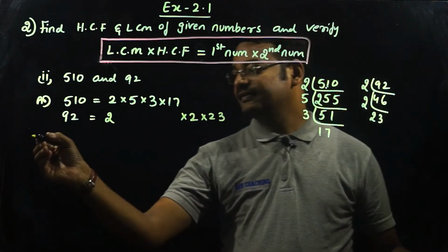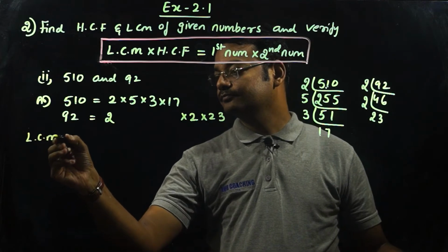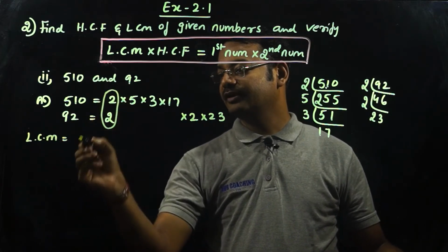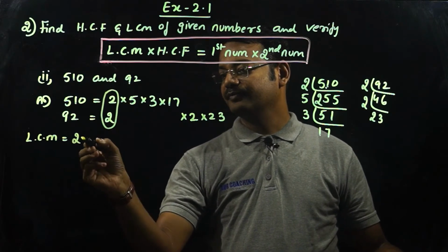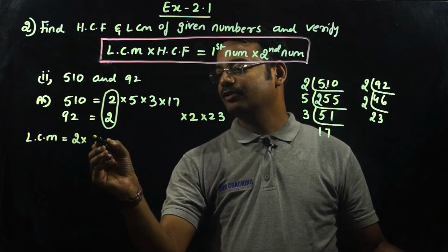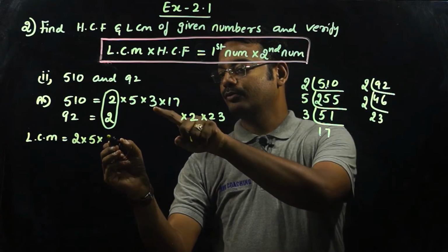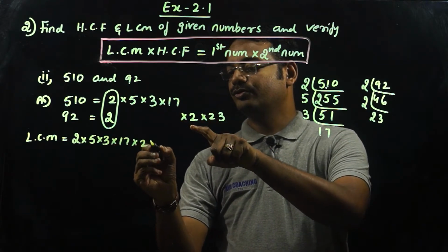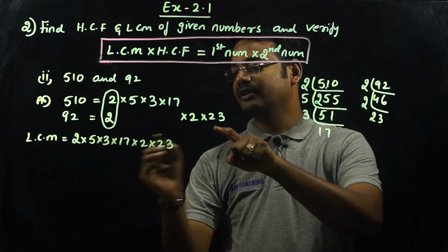So the LCM is equal to, now common factor is 2, we'll write 2 once, there are no repeating terms again. So 5 into 3 into 17 into 2 into 23.